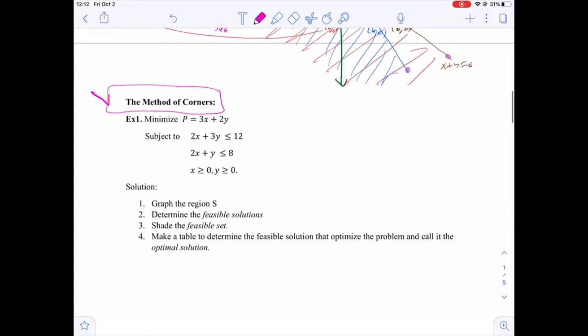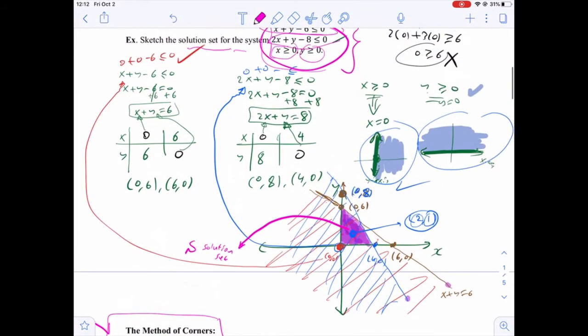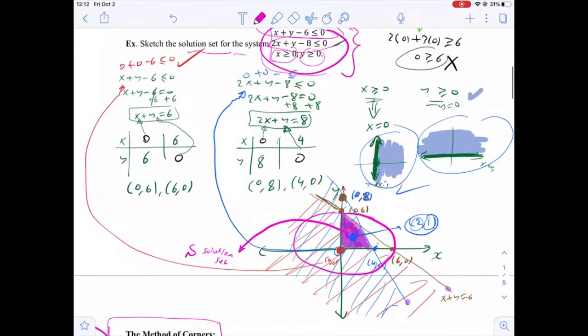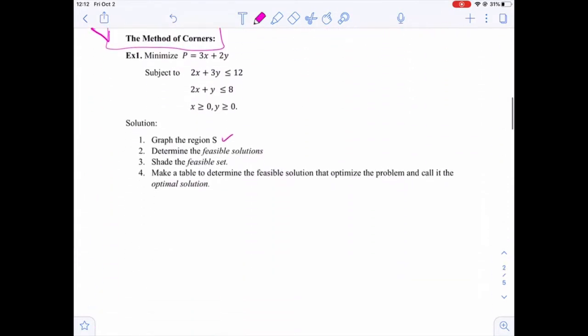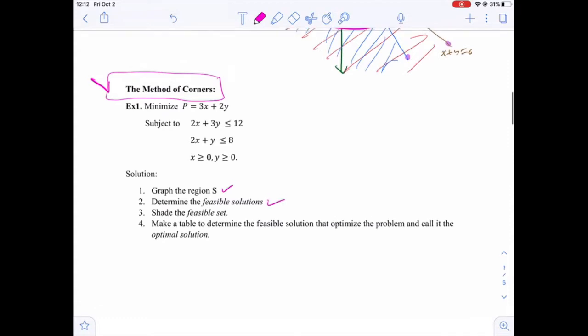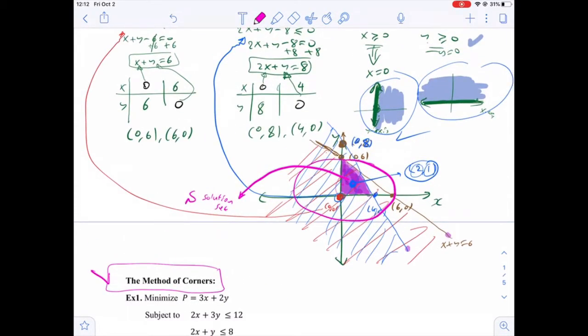So we need to know the following things. First, we want to know how to graph region S, and that's what we learned from the previous video about how to graph a set of constraints, or a system of inequalities, and then how to determine the feasible sets. The intersection of all those solutions will be the feasible set as we have here.